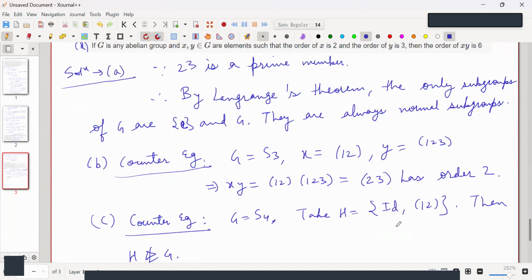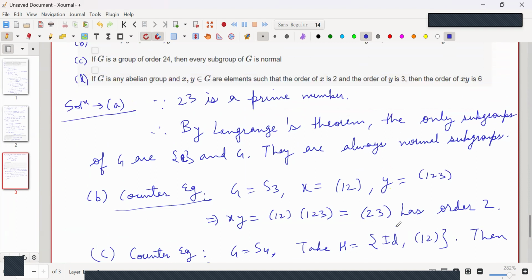Good. What about the last part? You have an order 2 and an order 3 element, but here the group is abelian. So for an abelian group, does it hold? Yes, it's true. Why?